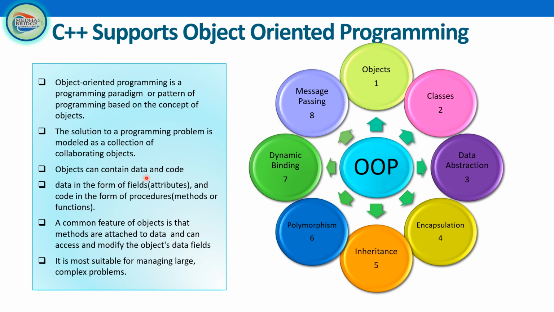Objects can contain data and code: data in the form of attributes, code in the form of methods or functions. A common feature of the object is that the methods are attached to the data and can access and modify the object's data fields. It is most suitable for managing large and complex problems. What it indicates is that C++ programming can be used in a wide variety of application spaces.